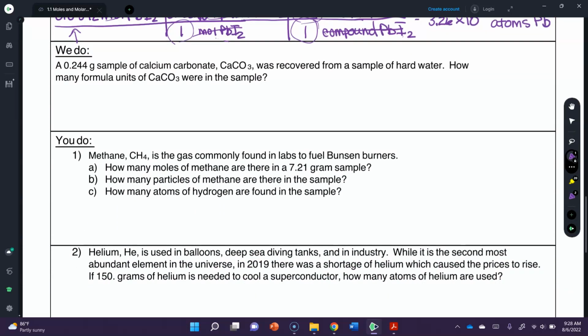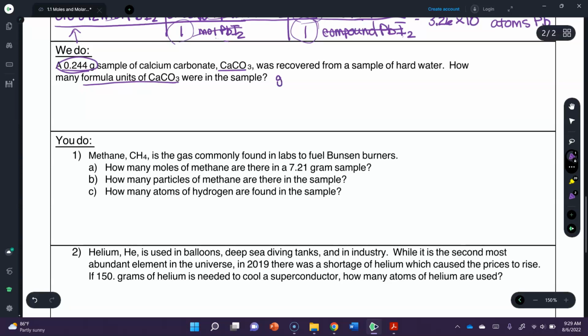Okay, now on to the we do. We have a 0.244 gram sample of calcium carbonate, and it was recovered from a sample of hard water. How many formula units, now that is a type of particle, of calcium carbonate were in the sample?